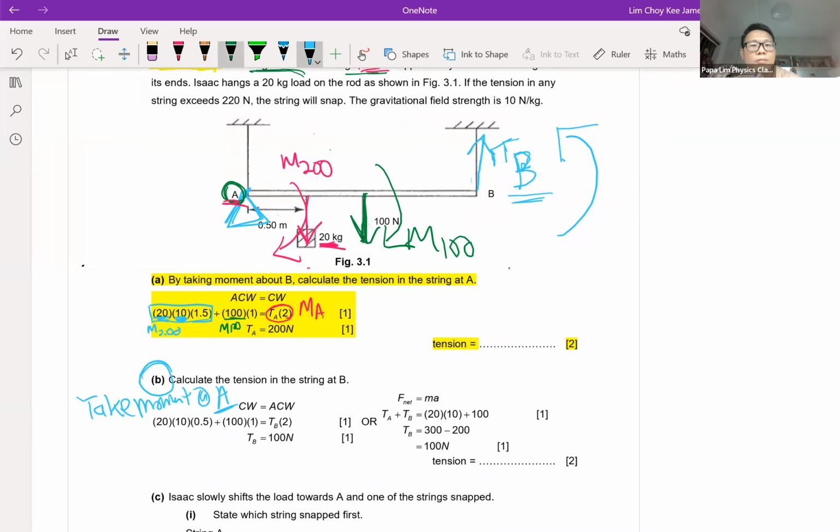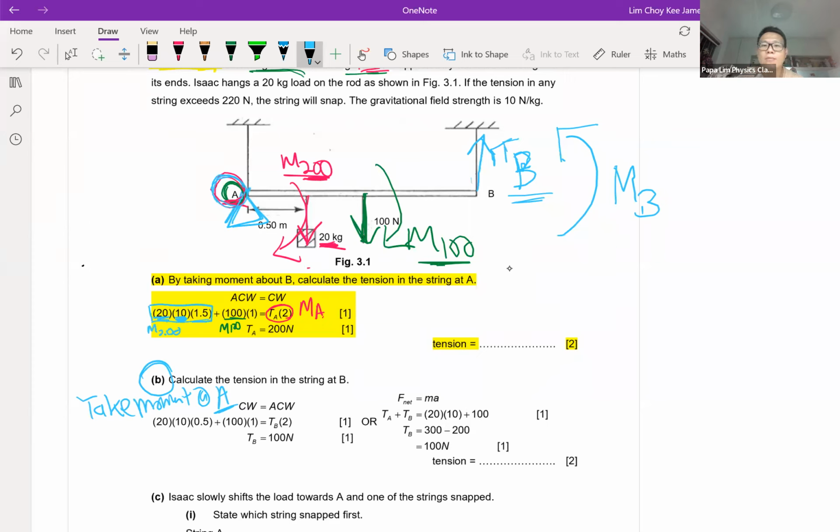My M100, my green color one, M100, and my M200, the red color, they are clockwise moment with respect to A. Okay, then for my TB, tension in the string B with respect to pivot A, this guy will be anti-clockwise moment. I will label this as MB.